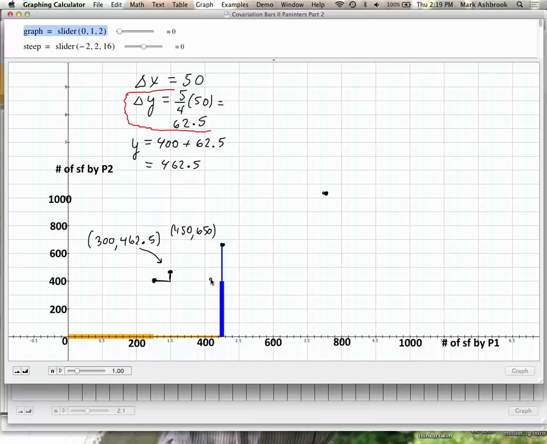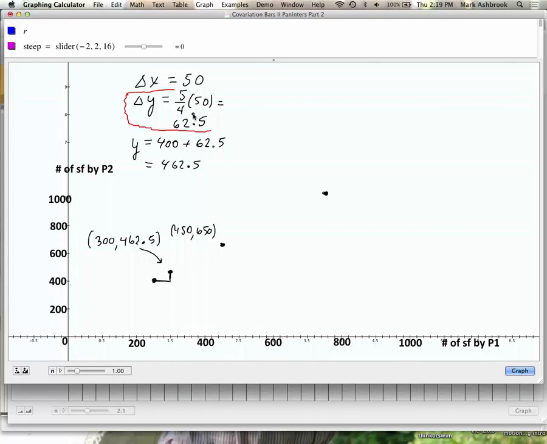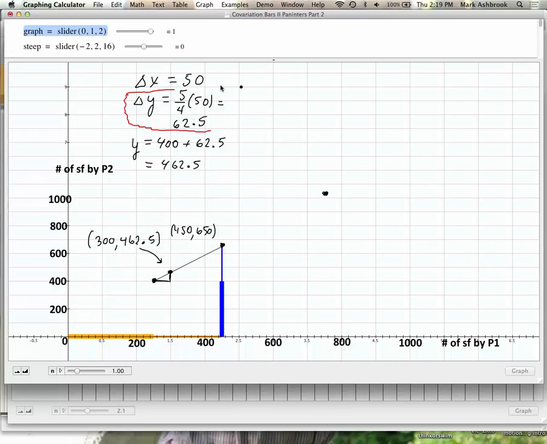So an additional 150 starting here at the point 450, 650.